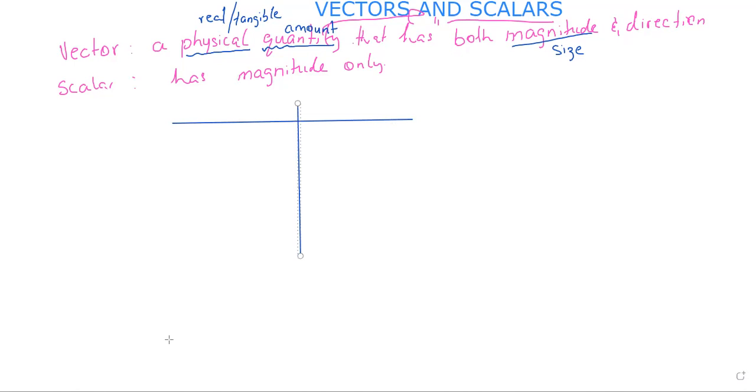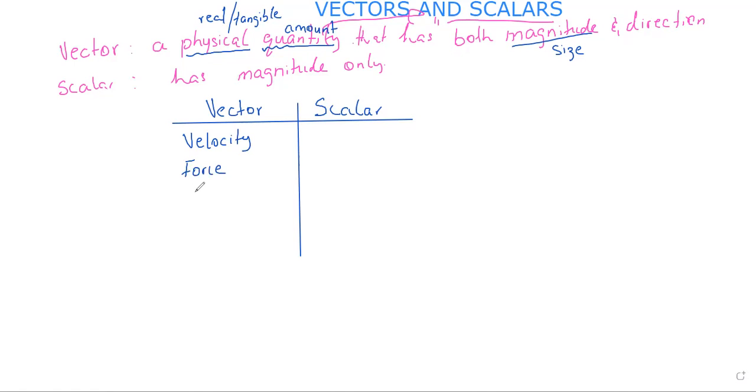Now, speed is a scalar quantity, while velocity is a vector. Now, we have velocity. We have force.